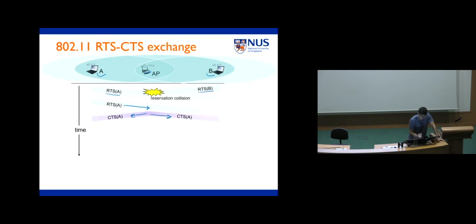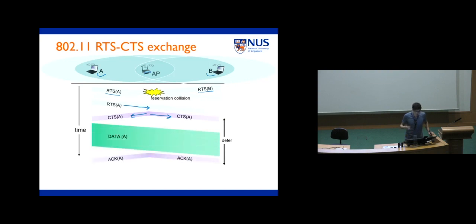The key point here is that it is sending CTS not only to A, but to everyone around, so that everyone who can hear the access point will hear that the time-frequency block is reserved for A. Because this is reserved for A, B will defer transmissions, and A can send its data. If all goes fine, it will receive an acknowledgement, and then B can send an RTS.